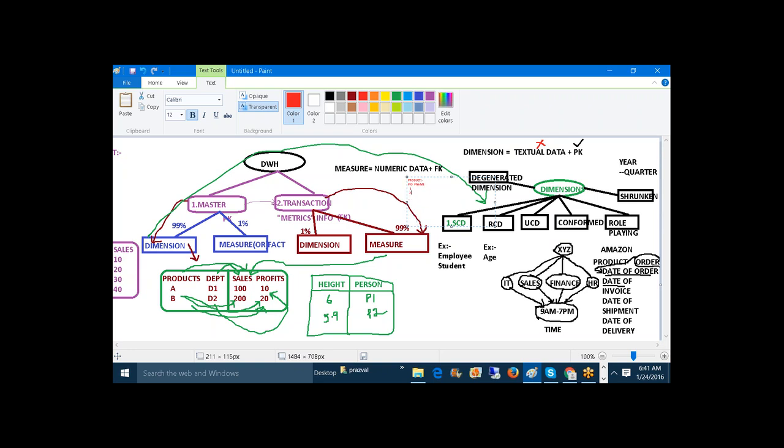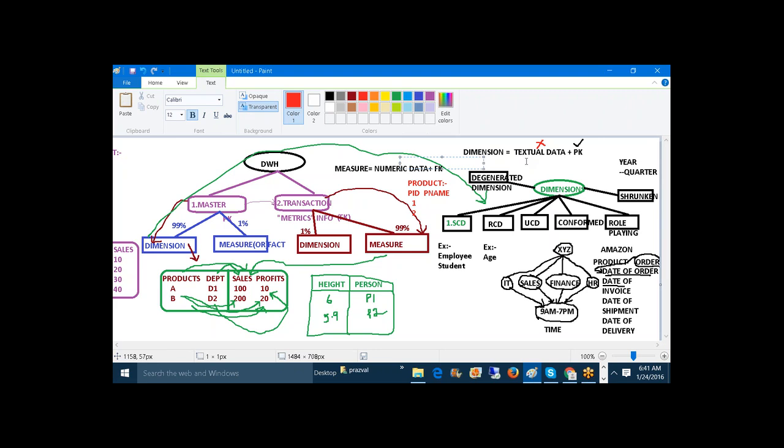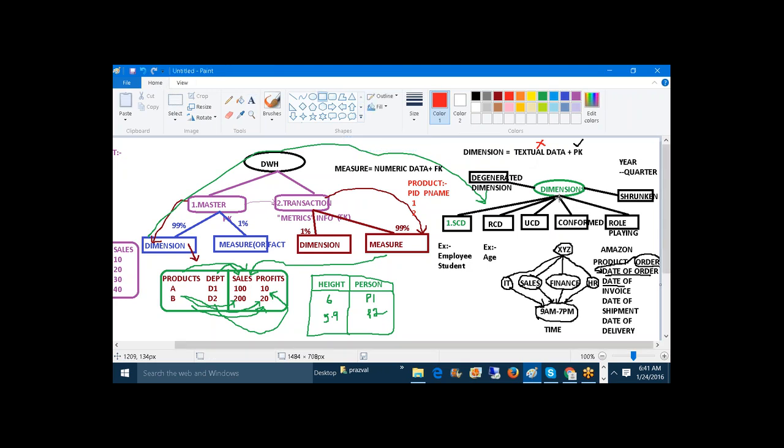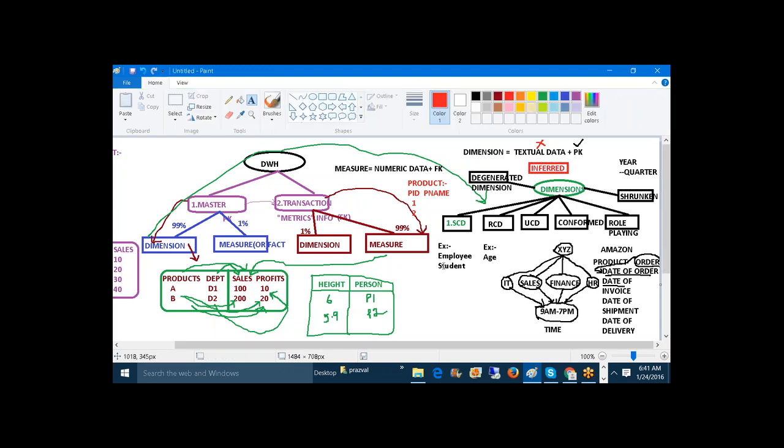Next, the eighth type of dimension is known as the inferred dimension. So what are inferred dimensions?